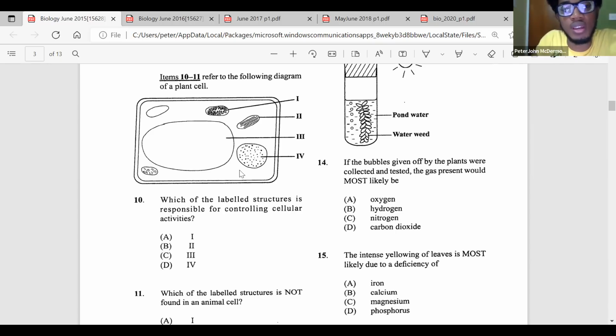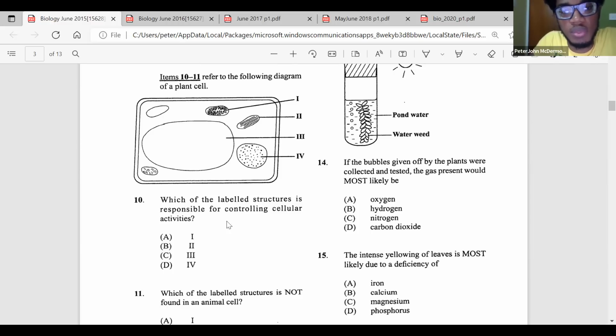So 3, this is of course a plant cell. We can tell, well, first of all, they tell us, but we can also see the very prominent cell wall, the very fixed shape. We can see things such as those. All right, so what do we notice? This is the large central vacuole.